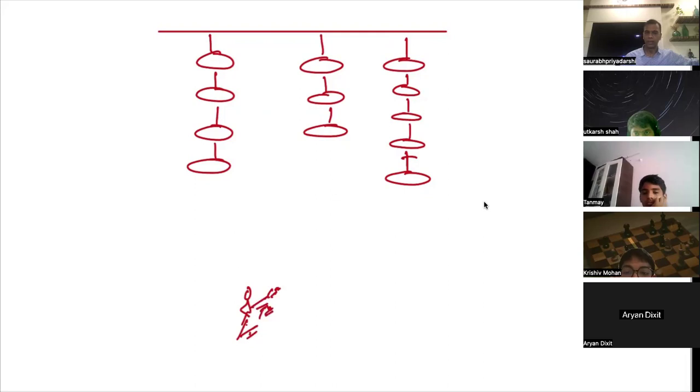The condition is he has to strike the plates in this order. First he has to break this plate, then only is he able to break the next one, and similarly for all the rest.